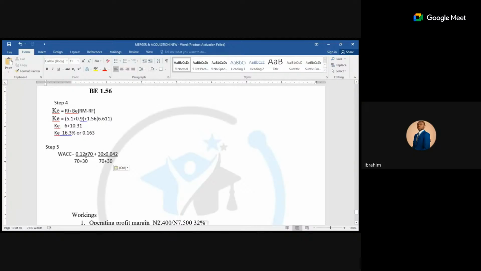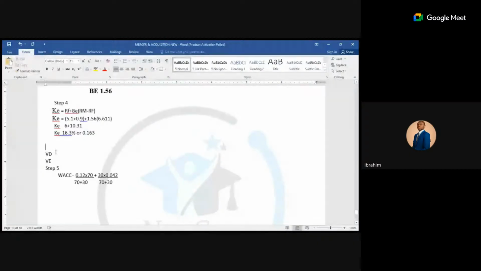Our cost of equity is this. Okay, what will be our value? Let me bring it down here. Value of debt and value of equity. You should not forget WACC now, main company. So what is the value of debt in our gearing?